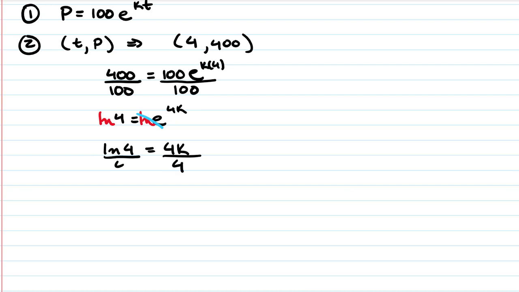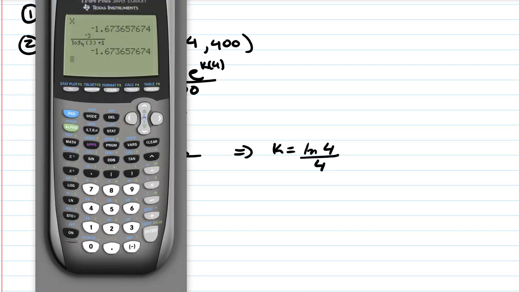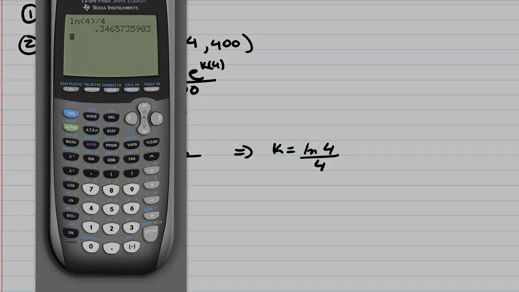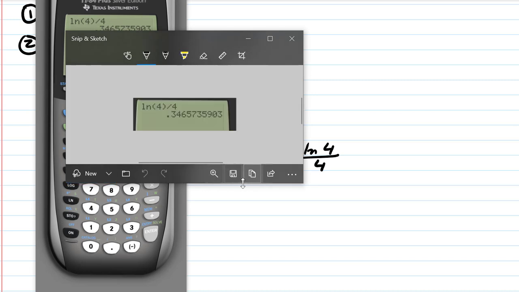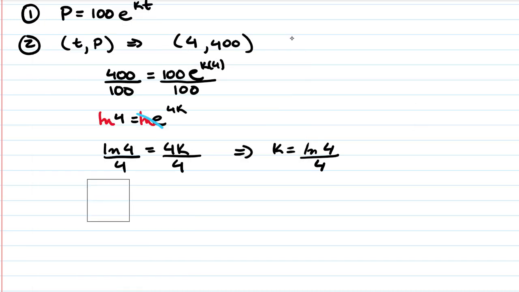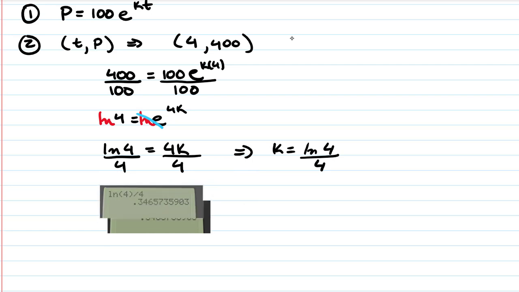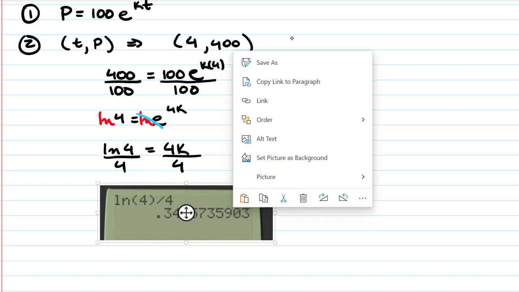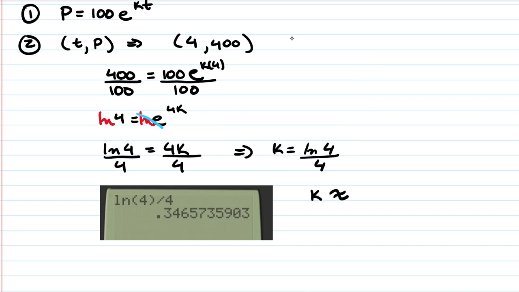We divide by 4, divide by 4, and that gives us k is equal to the natural logarithm of 4 divided by 4. So I grab my calculator, and I go natural logarithm of 4, and then I divide that by 4, and I get this value. So I get that k is approximately equal to 0.35.